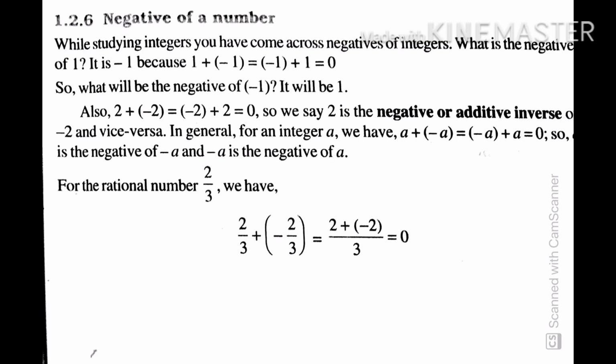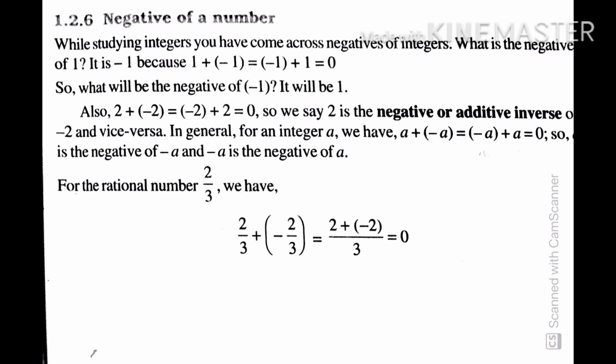Now while studying integers, you have come across negatives of integers. Now what is the negative of 1? It is minus 1, because 1 plus minus 1 equals minus 1 plus 1, that is 0. So what will be the negative of minus 1? It will be 1. Also 2 plus minus 2 is equal to minus 2 plus 2, that is 0.